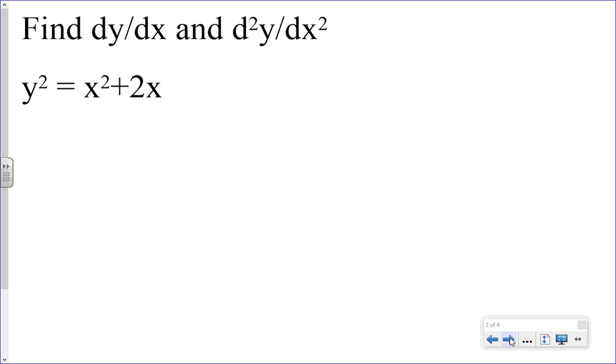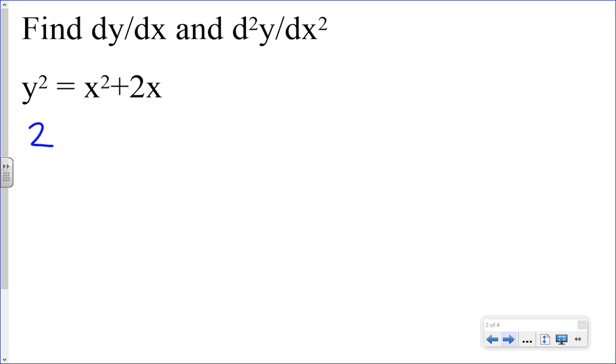You don't want to do that because that gives yourself a piecewise function that you then have to take the derivative of. That is not what we want, okay? We want to keep this as one equation so we have one derivative to take.